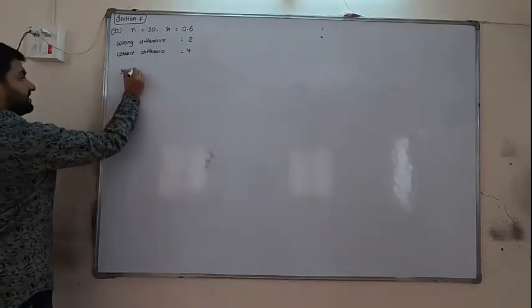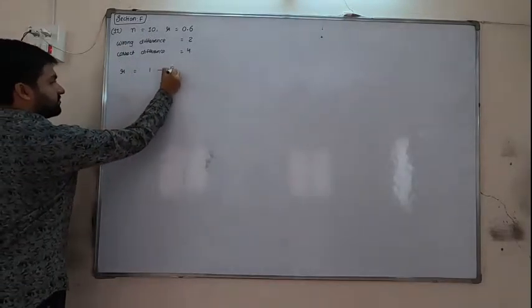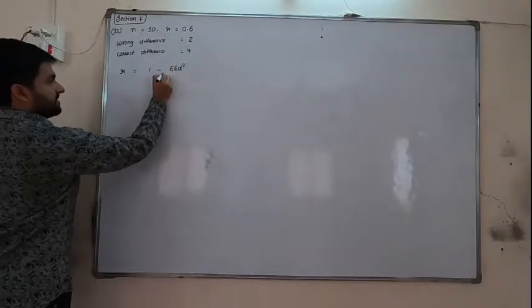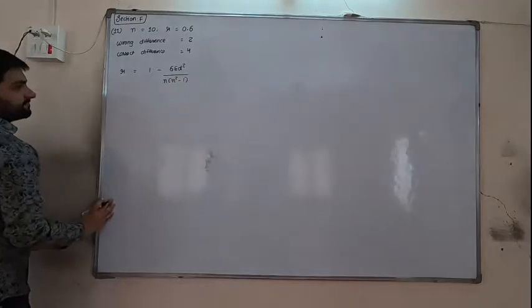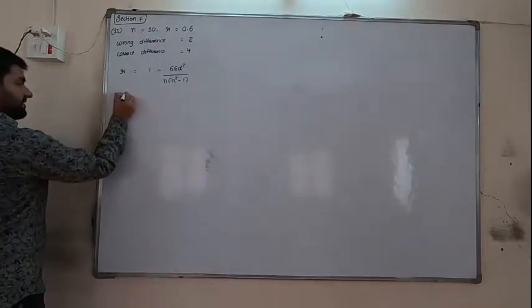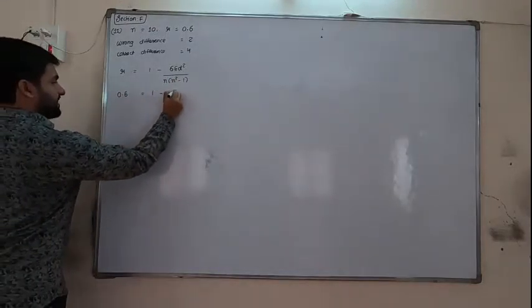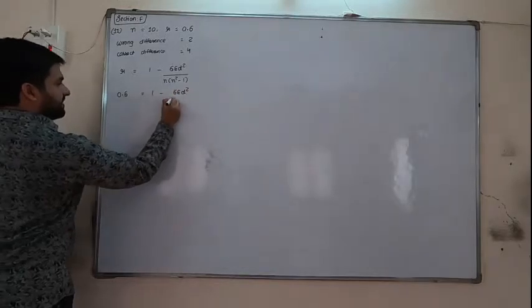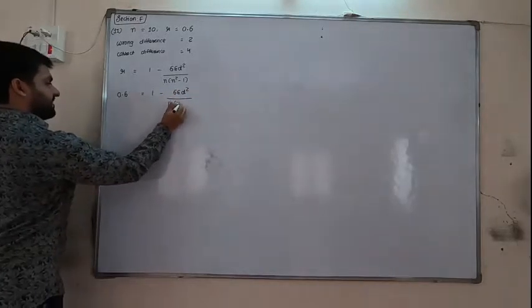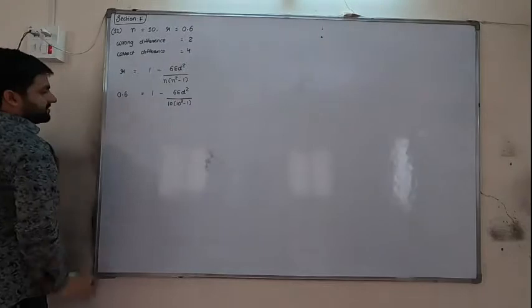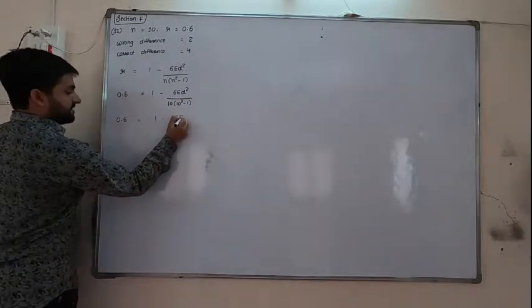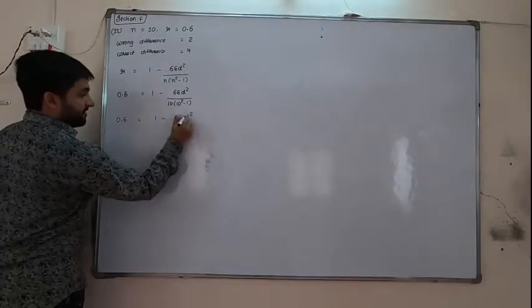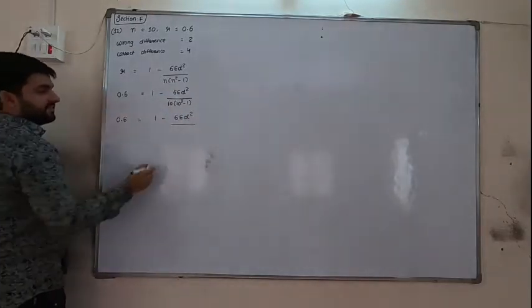So first we will split the formula. R is equal to 1 minus 6 sigma d square upon n in bracket n square minus 1. R is 0.6, equal to 1 minus 6 sigma d square divided by 10 in bracket 10 square minus 1. First solve this whole thing, then take it here.